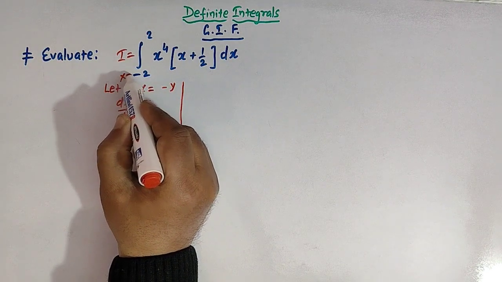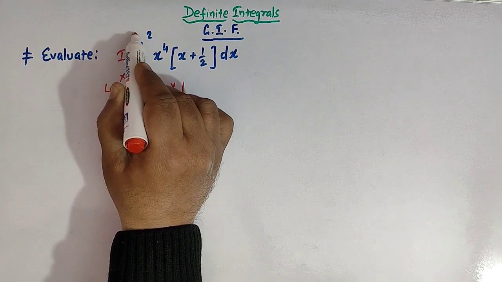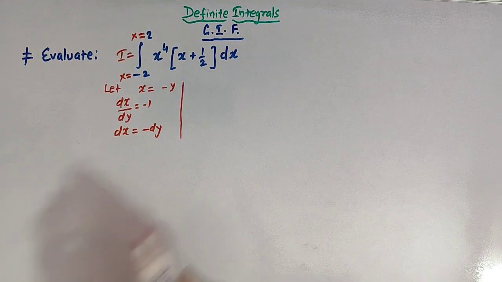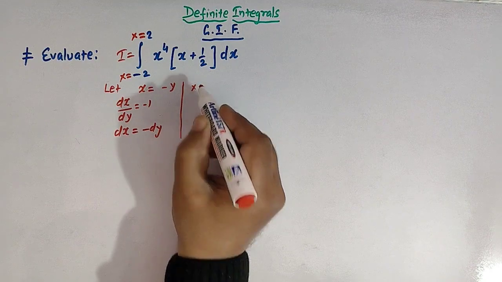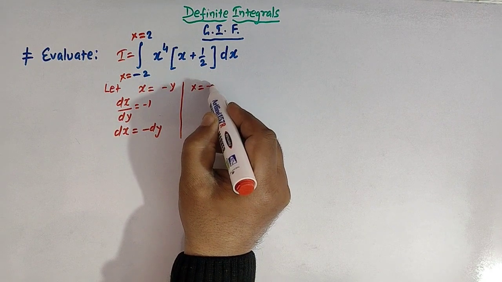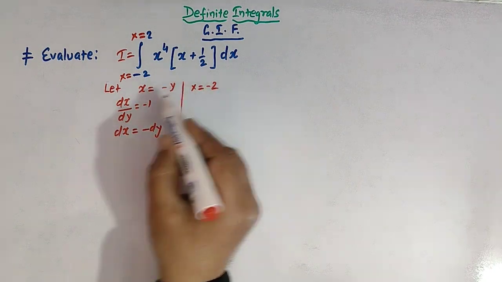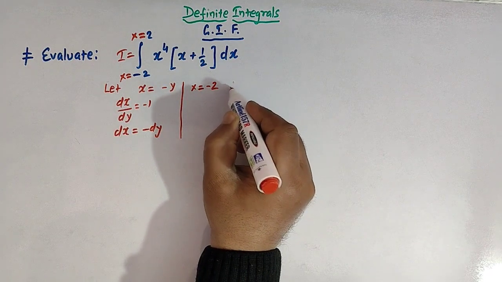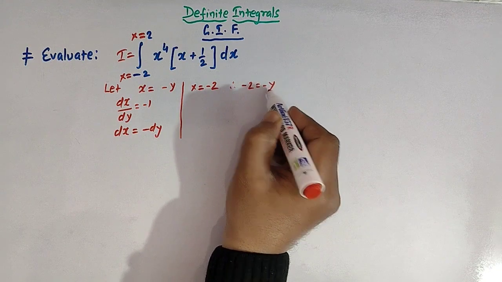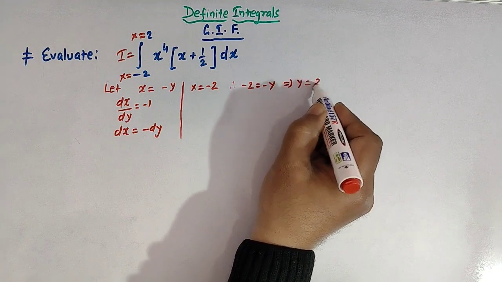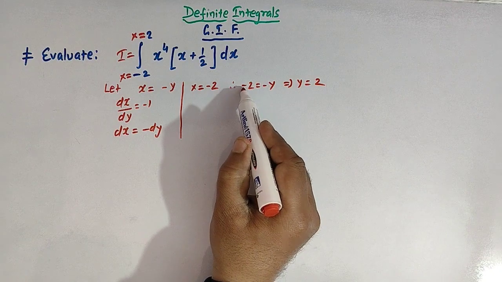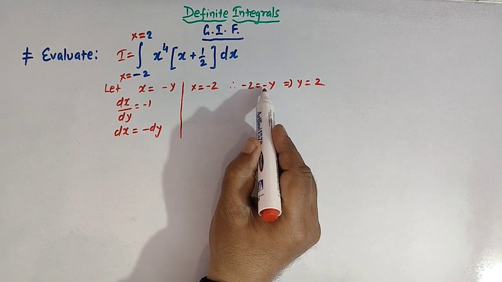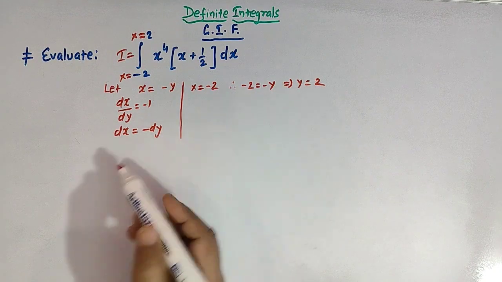Here x varies from minus 2 to 2. When the lower limit is x equal to minus 2, the value of y can be calculated from minus 2 is equal to minus y, so y is equal to 2, as the two negative signs cancel.